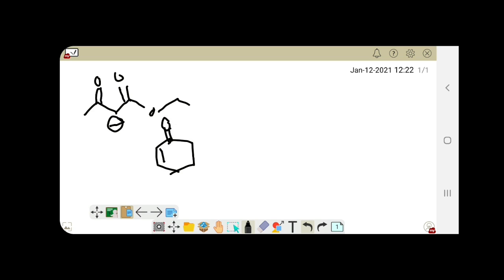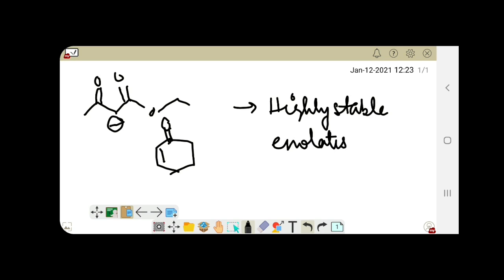The next reagent that is going to attack it is a cyclic ketone or a lactone with a double bond. One thing that you need to know very well is that in this kind of compound, where there is a highly stable enolate, it always does conjugate addition. It adds in the conjugate position always.